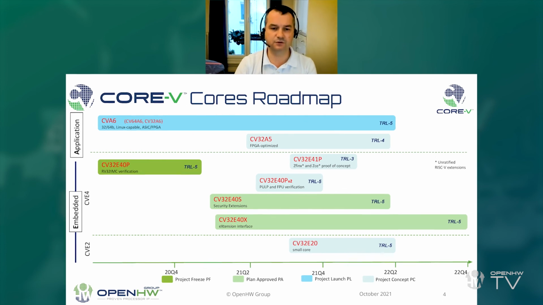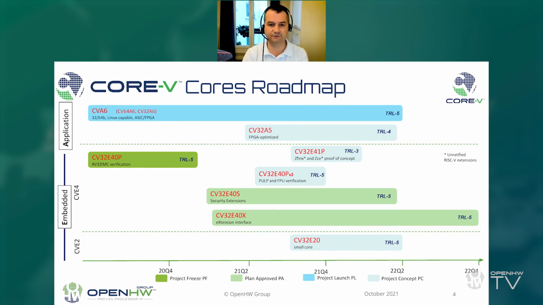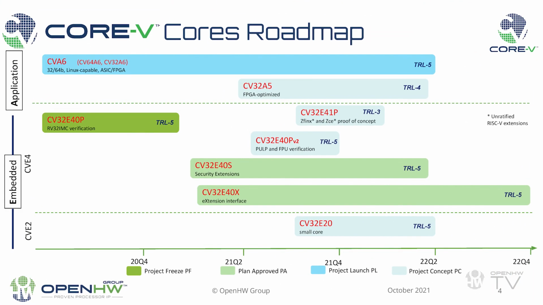There is a V2 version of the core which will add verification of the PULP and FPU extensions. It will also target industrial applications with its TRL5. There are 2 derivatives. The CV32E40S will add security extensions to the 40P core, and the 40X will add an extension interface so that you can add custom opcodes to add instructions to the core, as a coprocessor.